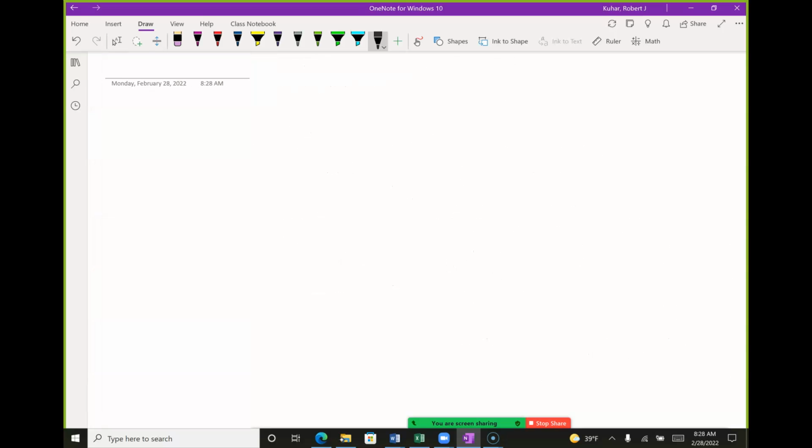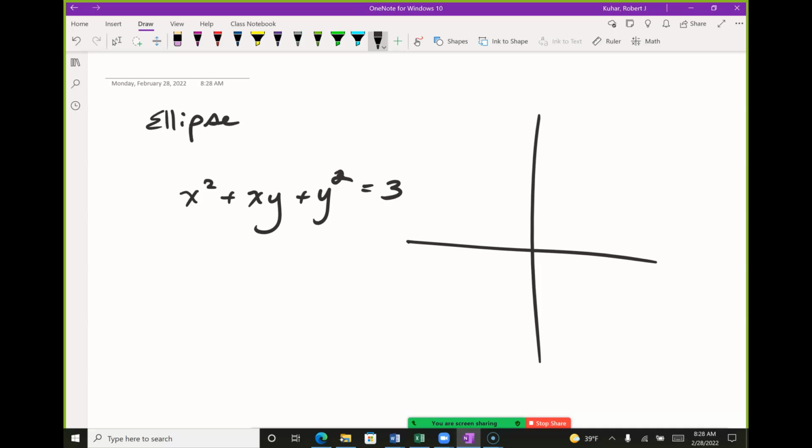So I've got an ellipse here, and my function is x squared plus xy plus y squared equals 3. And this is a real nice one to graph on Desmos. You cannot graph this one on your calculator because I cannot solve for y.